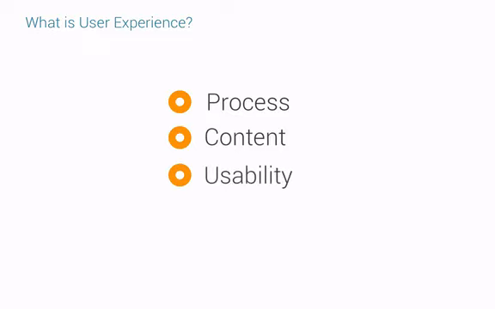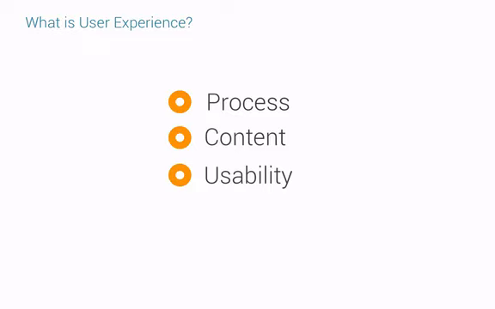We can break down digital design, user experience, into many different aspects, but I'm going to talk about just a few. The process. What steps do I have to go to achieve what I set out to do? The content. What information am I actually conveying, and how am I doing it? Usability. Can I actually achieve what I want?